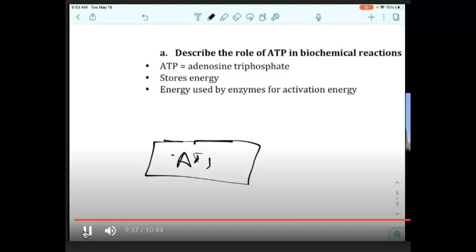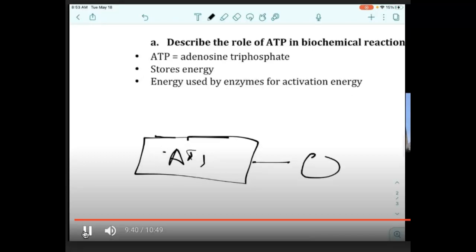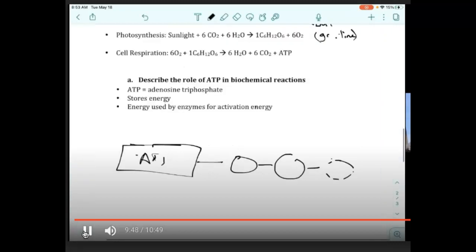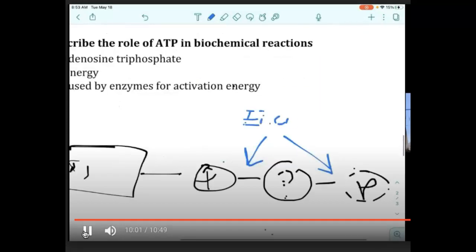And the thing that's special about ATP is it's got 1, oh boy, 2, 3 phosphate groups, right? Triphosphate. And remember, we said it's the bonds between the phosphate groups where the energy is stored. And so let's jot down energy stored.